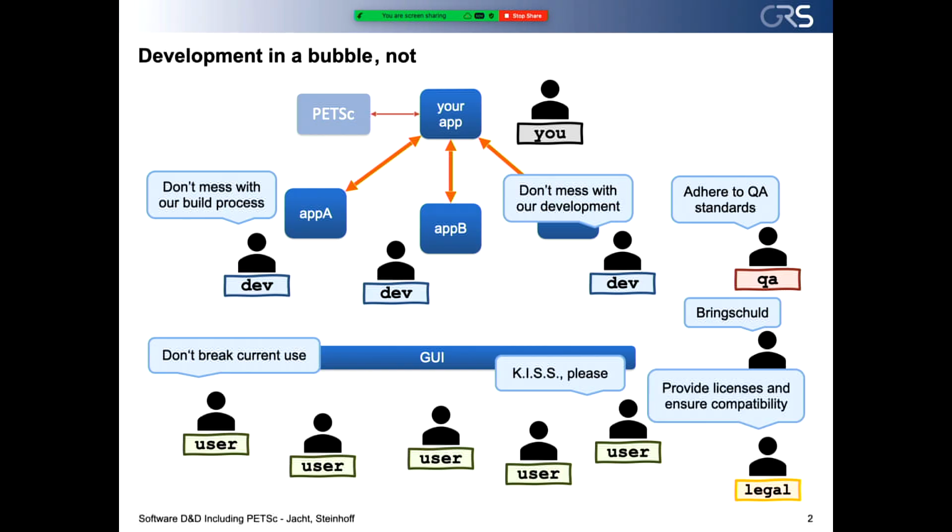Okay, then we have the legal department, something you should never forget. There could be some legal guy who says, it's totally fine and cool what you do, but you're not allowed to do it. And when you start your work and you want to introduce something new, this is one of the guys you have to talk to at the very beginning, before you put a lot of work into what you think is very nice, and maybe the others like it too, but this guy says no, it's not allowed.